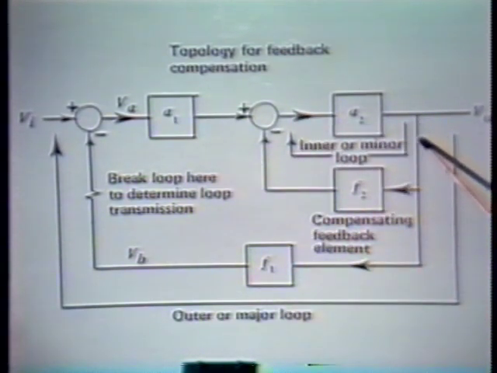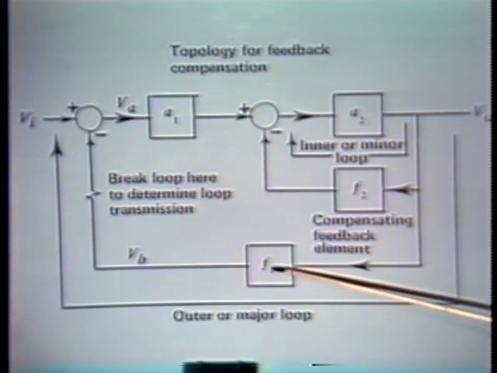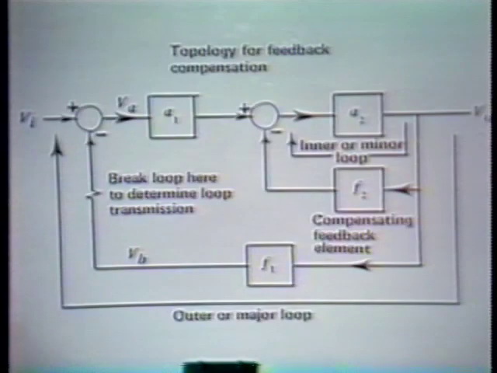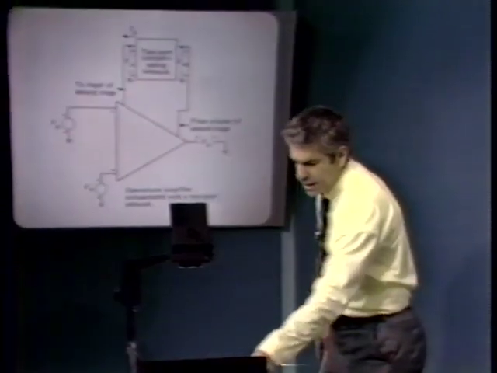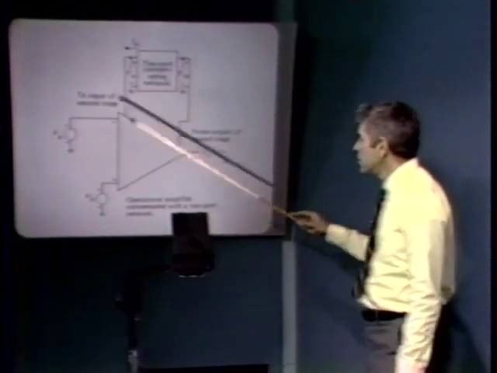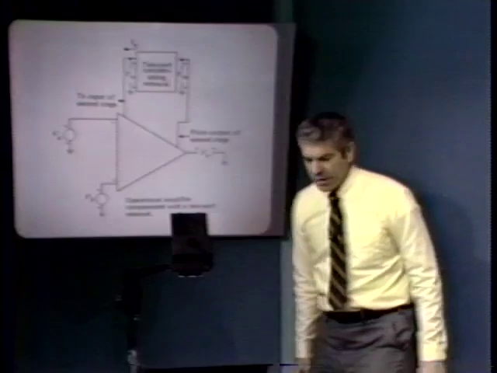And then, of course, when we connect the operational amplifier in an overall feedback system, we add an external path F1 to complete the major loop. Once again, here's the way we implement the previous topology for an operational amplifier.